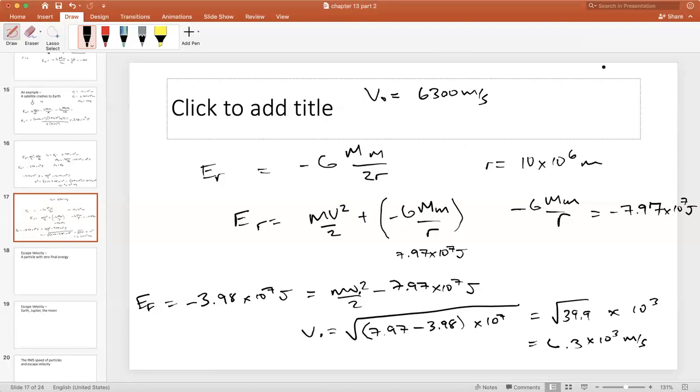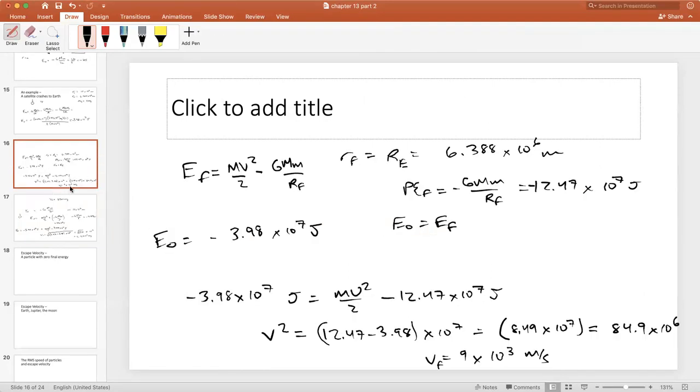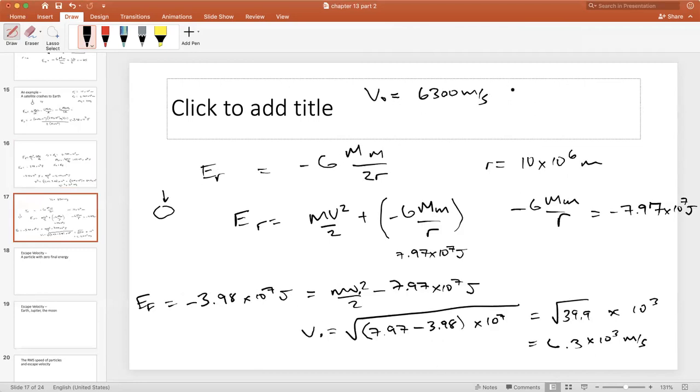Should it have sped up as it fell to Earth? As it falls towards the Earth, gravity is going to do positive work in the direction of the force of gravity, and it should speed up. And we found that our final velocity was 9,000 meters per second, which is good. Something could have been really wrong if that didn't work out.